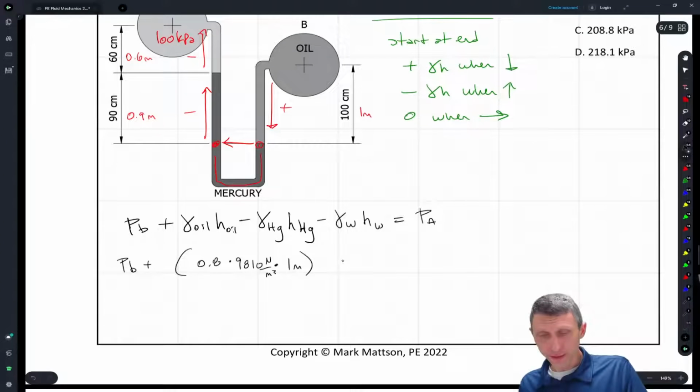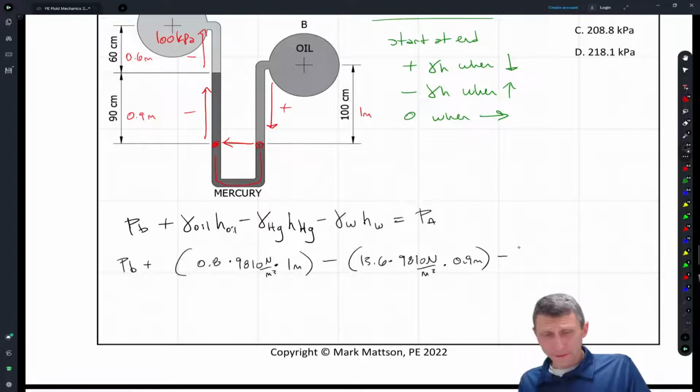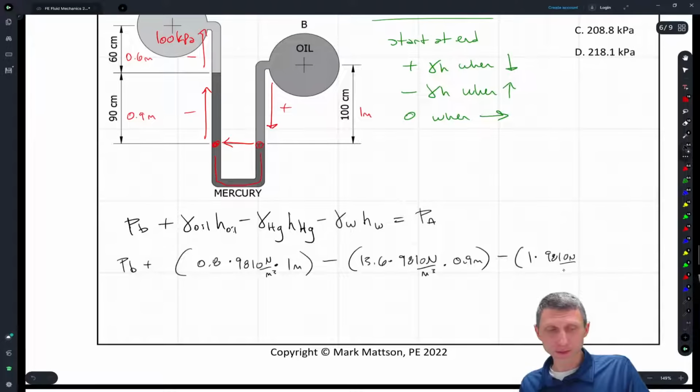And then we're going to subtract our gamma Hg, which is 13.6 times 9810 newtons per meter cubed times the height of the mercury, 0.9. Then we subtract off the water. The specific gravity of water wasn't given, but it's 1 times 9810 newtons per meter cubed times 0.6 meters. That's going to equal the pressure at A.